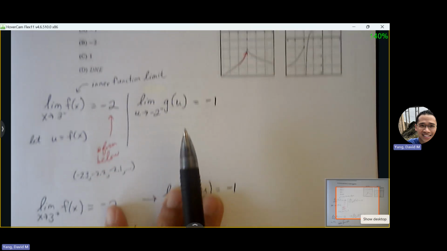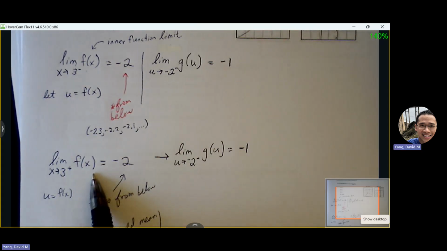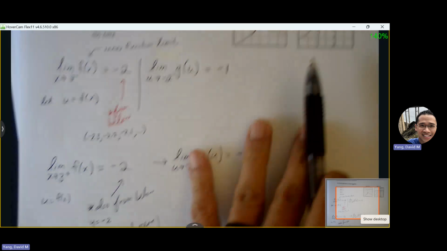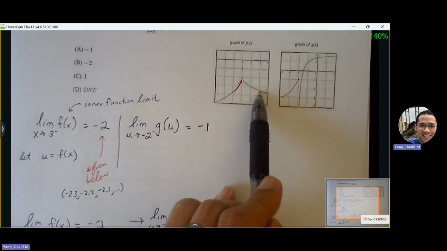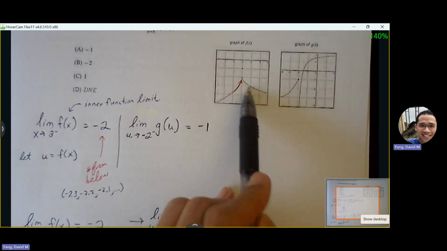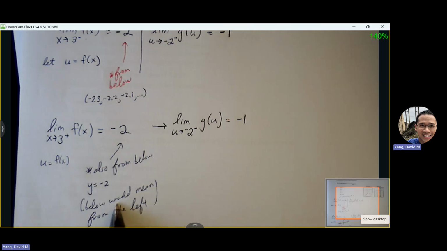Now we also need to do the inside function from the other side of 3. From the other side of 3, it's also approaching -2, right? It's also approaching -2, but these are y values that are also sitting below -2: -2.3, -2.2, -2.1.